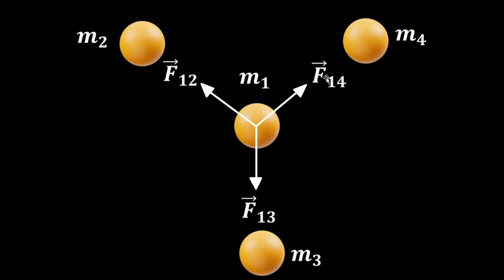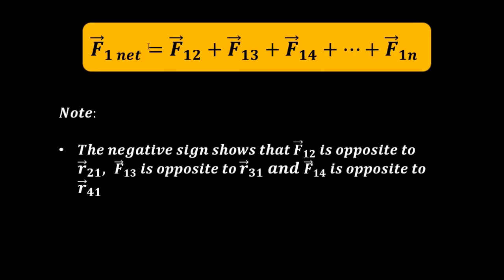Similarly, F14 is the gravitational force exerted on mass m1 by m4, same concept. Now the total force acting on mass m1 is the vector sum of these three forces, F12 vector plus F13 vector plus F14 vector.